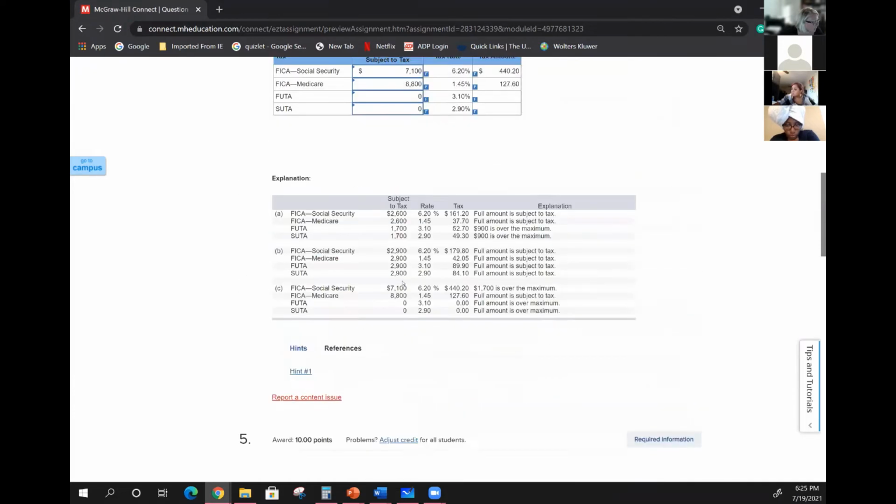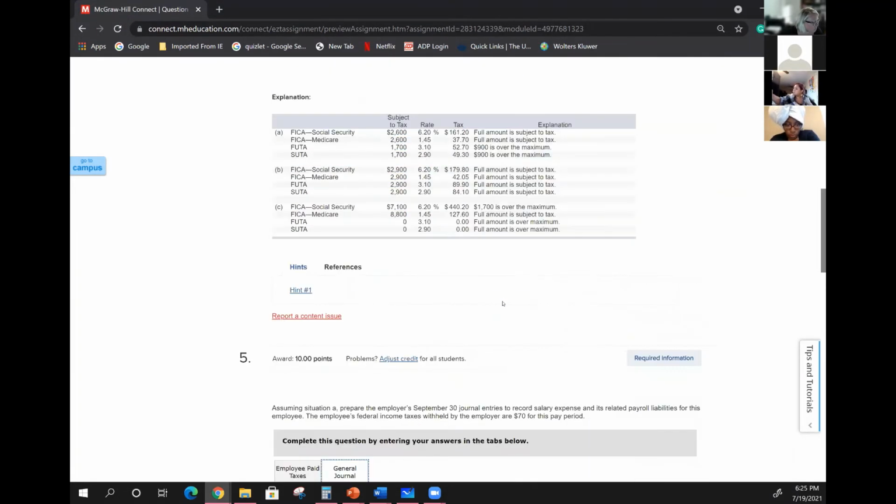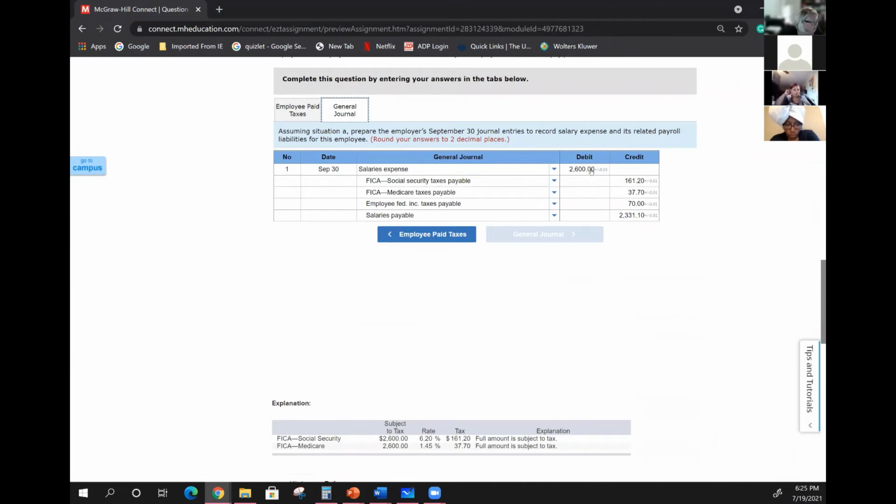Journal entry. The salary expense is going to be what we have to pay out, this $2,600. And then we have FICA, Social Security, Medicare, 161.20 and 37.70. We have the employee federal income tax payable of $70, and then the payable amount to the employee, their net, their gross minus the tax, which is $2,331.10.